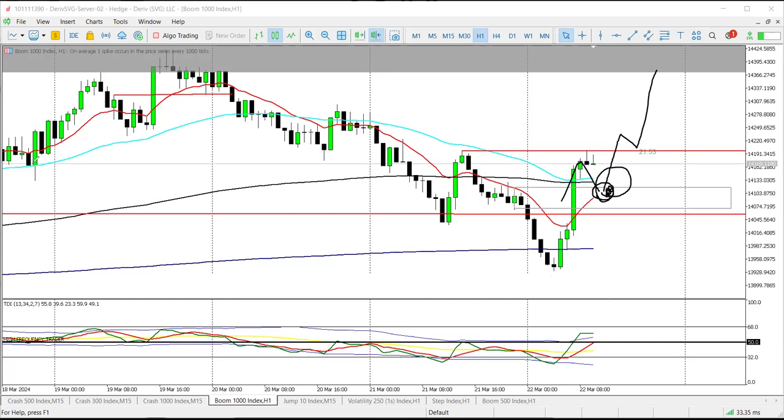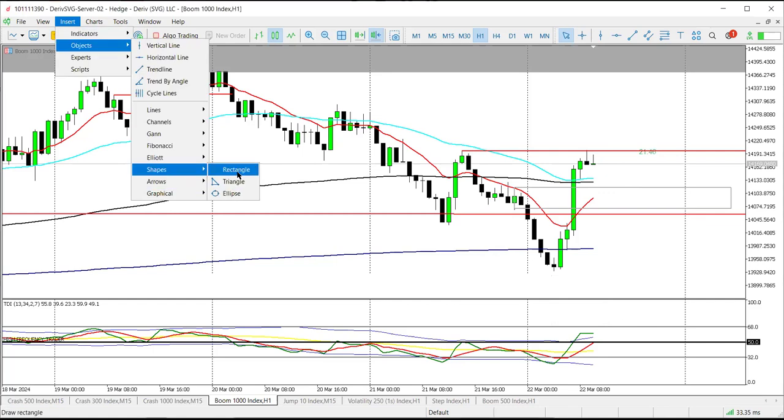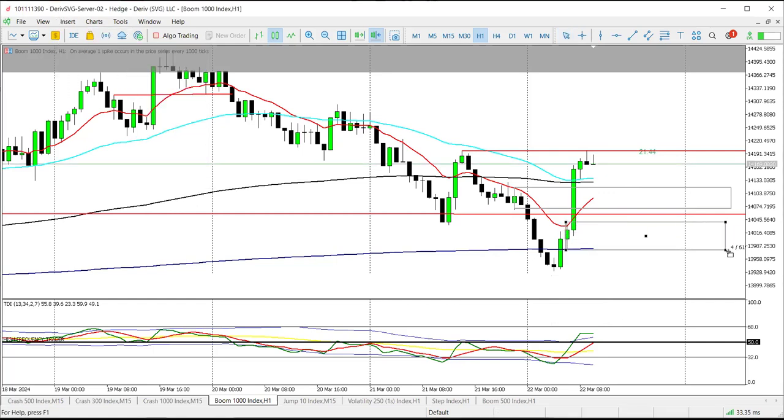All right, let's see. What else do we have on H1? We also have this order block here, which can act as a demand zone. So price can extend, break this particular order block and come into this area before we get that push up. That's another possibility.